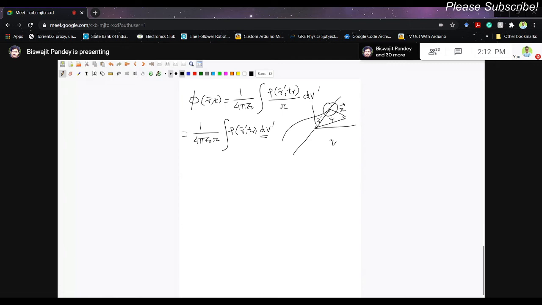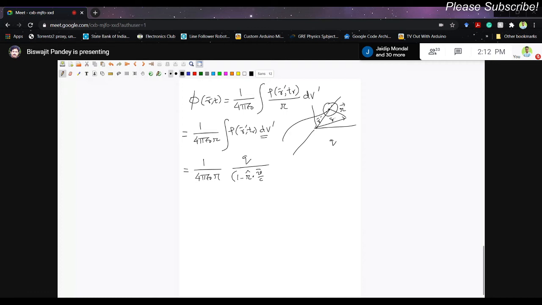But the point charge is moving, so the charge density at different locations is different at different instants. So we have this purely geometric effect, and we shall write this as 1 by 4 pi epsilon 0 curly r. Of course the total charge is q, but it will be multiplied by the factor 1 minus r cap dot v by c.